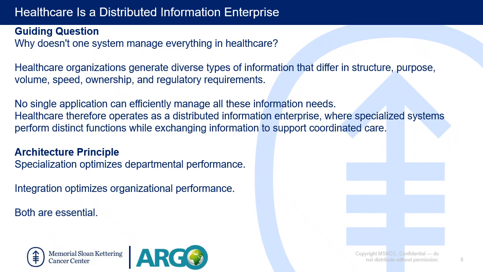So it's almost impossible for a single application to effectively manage all this data. And so, as an architecture principle, we said that specialization optimizes departmental performance, and integration optimizes organizational performance, and both are essential.